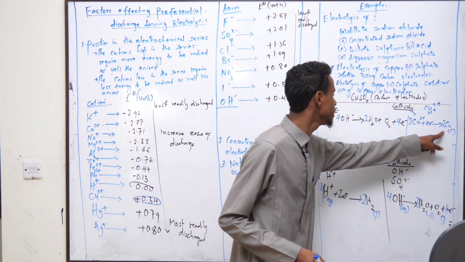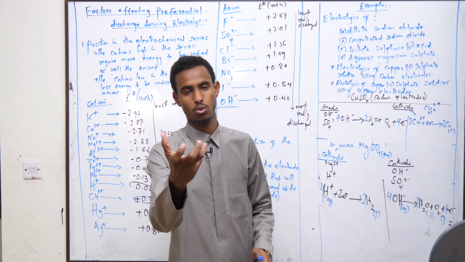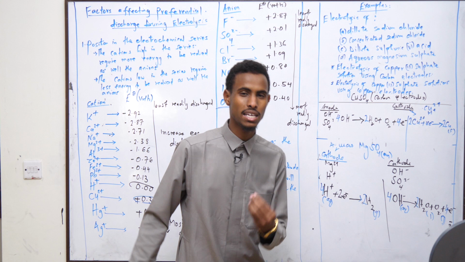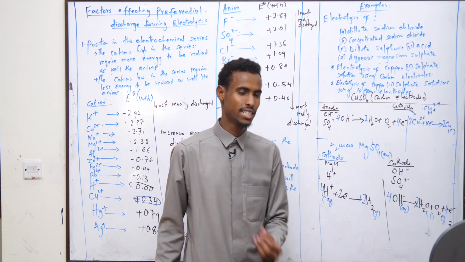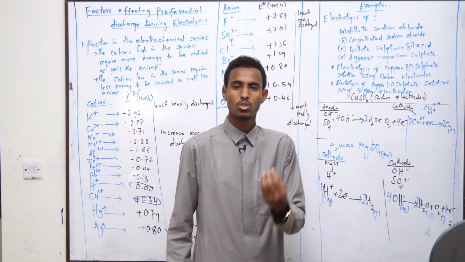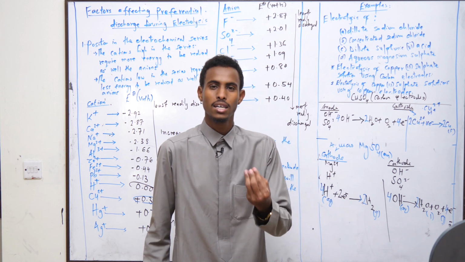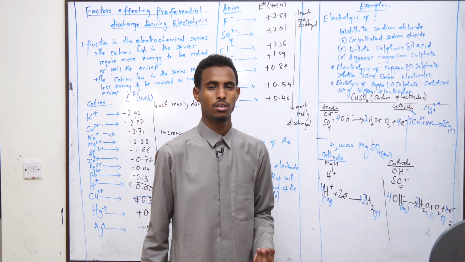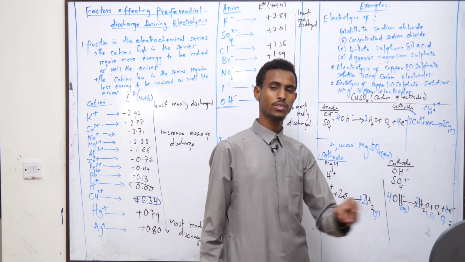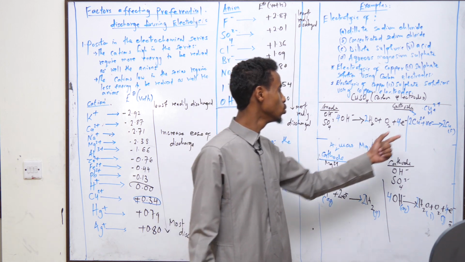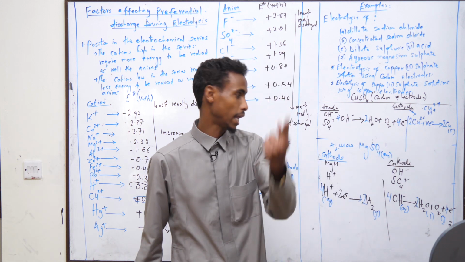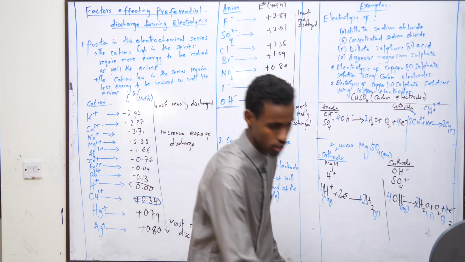This copper solid is deposited at the cathode, and that is why we say the mass of the cathode increases and the solution becomes pale. Number 1, the mass of the cathode increases. Number 2, the solution becomes pale. Good. Let's continue.